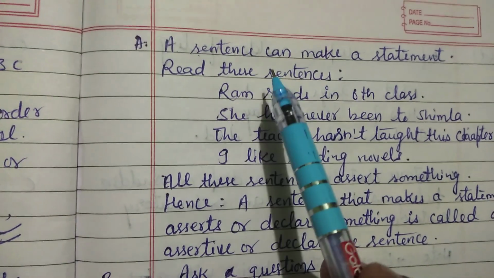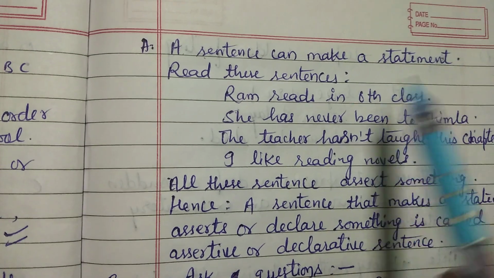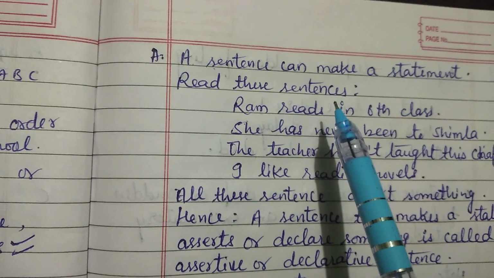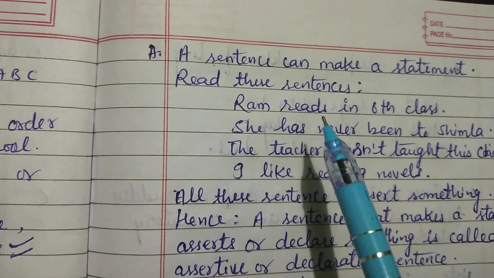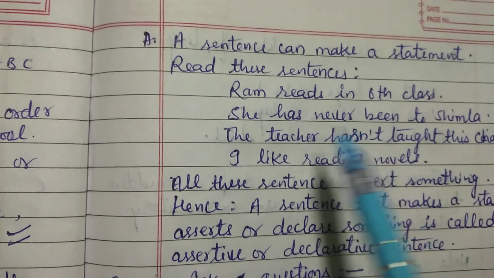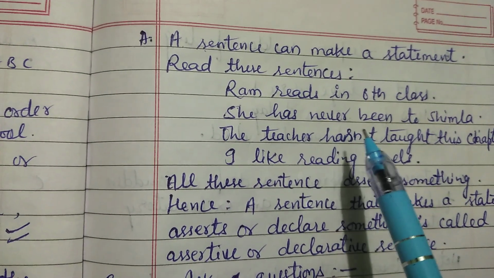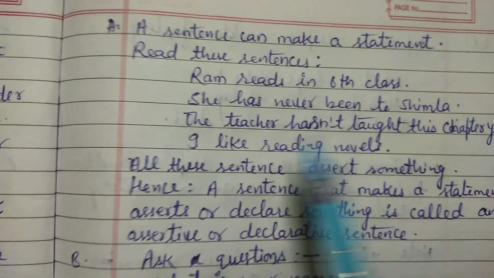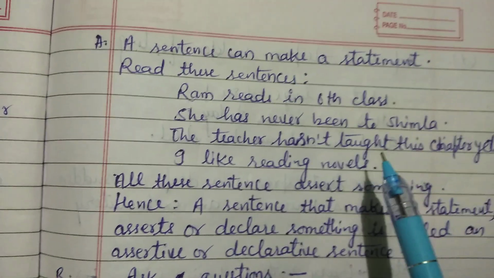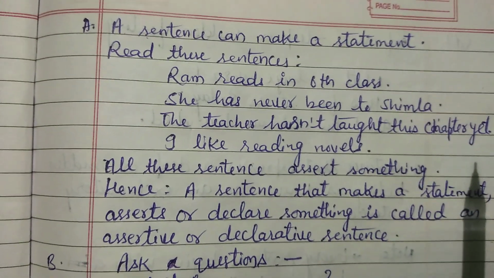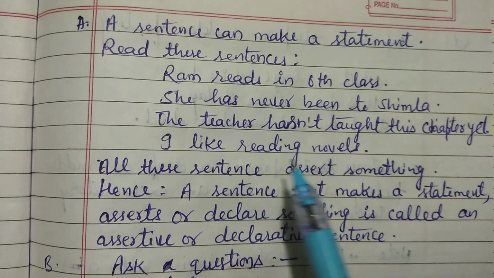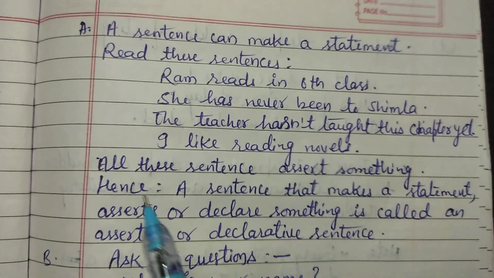A sentence can make a statement. Read these sentences now. Ram reads in 6th class. She has never been to Simla. The teacher hasn't taught this chapter yet. I like reading novels.